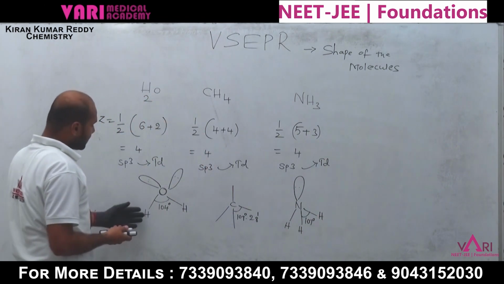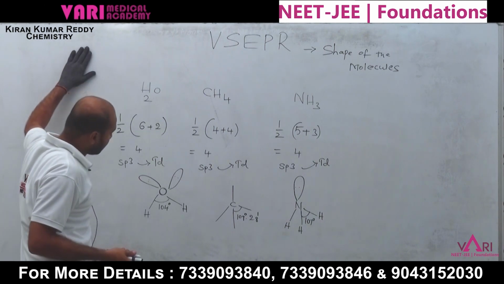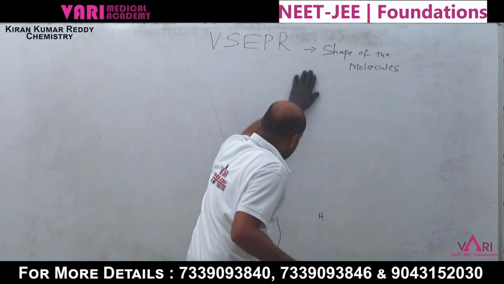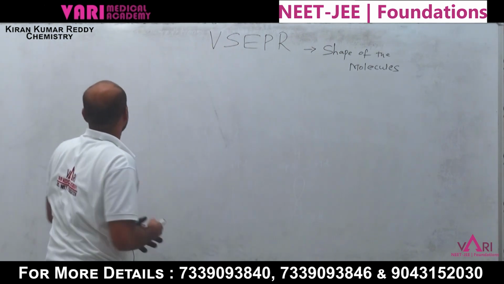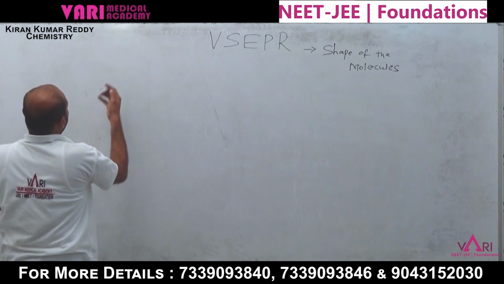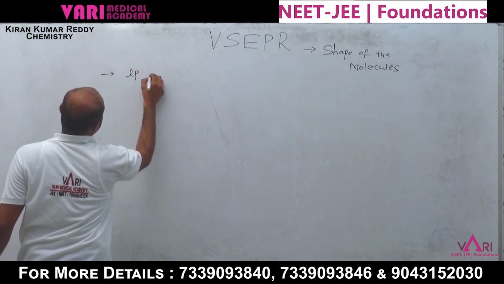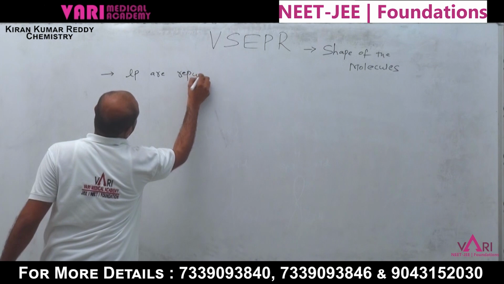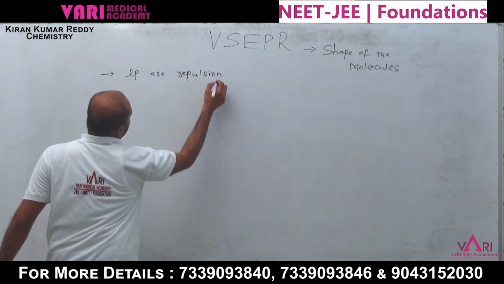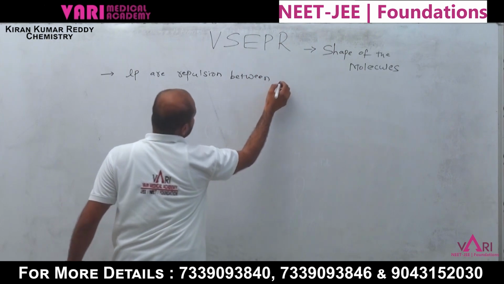Next, how it is coming, we will explain one by one by VSEPR theory. What is VSEPR theory? The first point we can write. First, lone pairs: generally lone pairs repel each other.